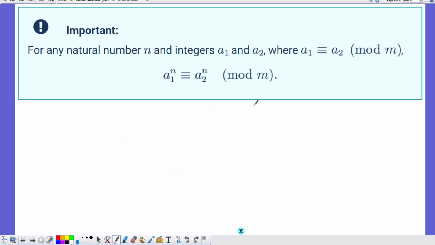So this establishes that if we have a1 congruent to a2 mod m, then a1 to the nth power is congruent to a2 to the nth power mod m, which means we can raise the value to any exponent we want and it will always maintain its congruence. And we'll see exactly how we can utilize this. And this one definitely makes life easy in the next couple problems.